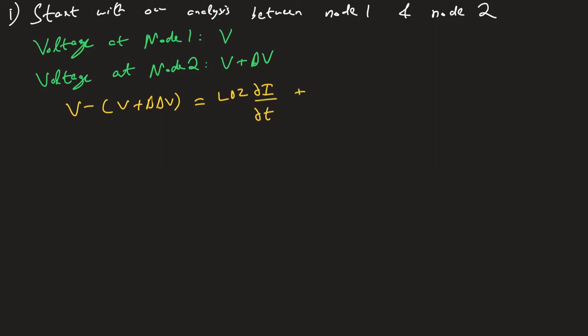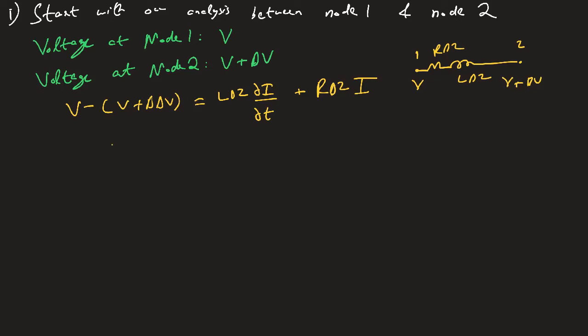Plus there's some voltage drop across the resistor. What's that? That's R delta Z, which is the resistance of the resistor, times the current, right? This is between node 1 and node 2. This is right, because if this is node 1, this is node 2, the voltage here is V, the voltage here is V plus delta V, and between these we basically have a resistor and an inductor, where this resistor has a resistance R delta Z and this inductor has inductance L delta Z. And so this is the corresponding equation that we've written here.